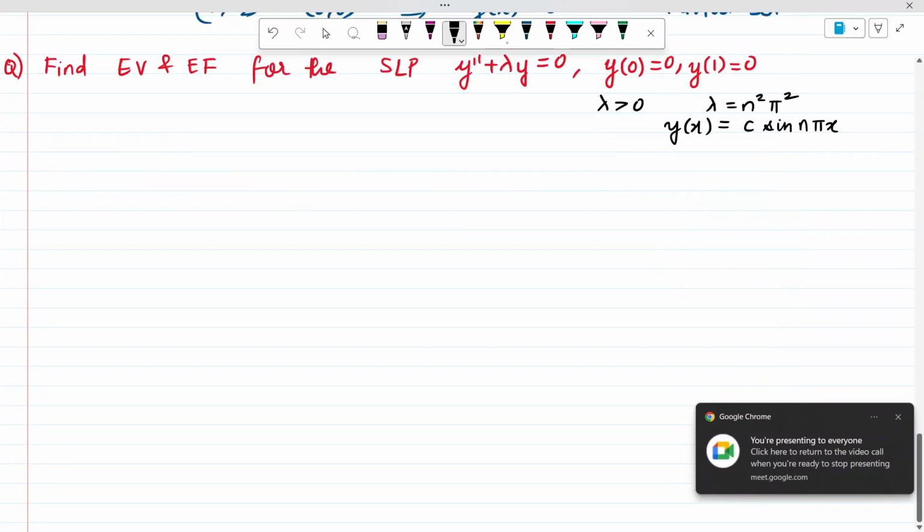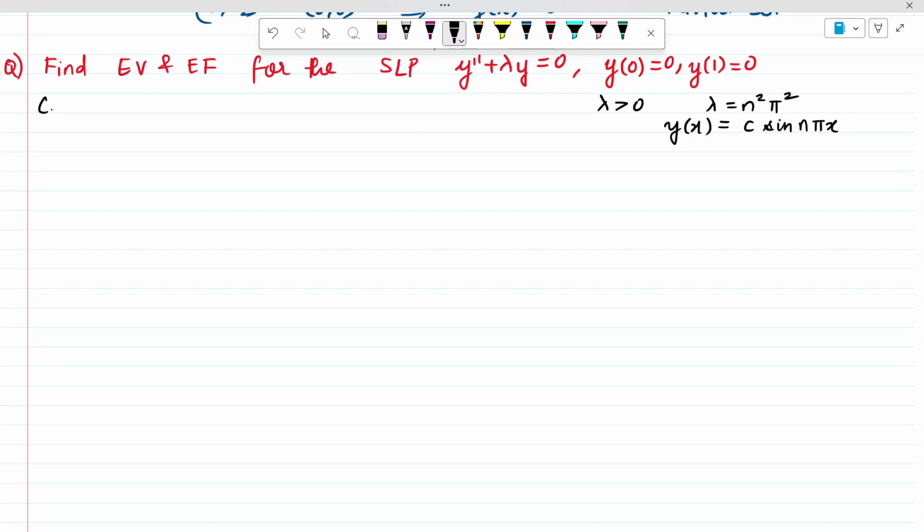So let's quickly go through this. So again, as we had done it for the previous question, we'll divide this question again into 3 parts, case 1, 2, and 3. So if I start with lambda greater than 0, we would assume lambda is equal to positive nu square when nu is not equal to 0. And let me call this equation number 1. My equation 1 will now get converted to y double dash plus nu square y equal to 0.